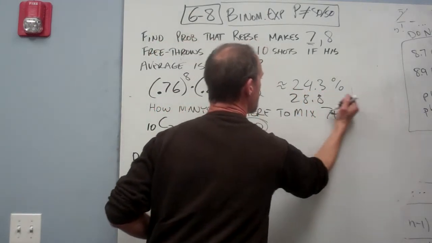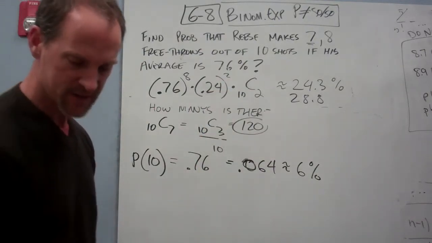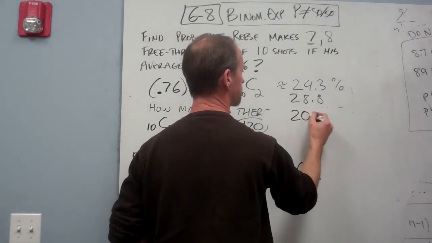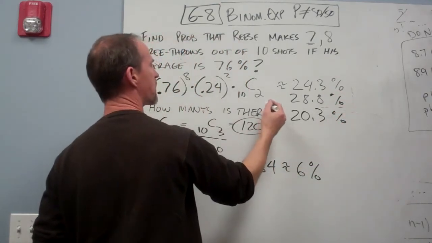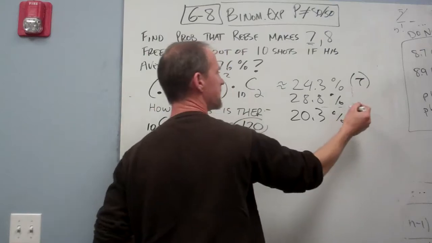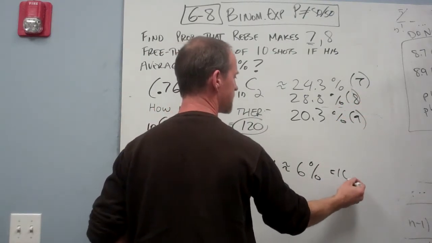If I do it with 9 and 1, I get 20.3%. So this is the probability of 7 free throws going in, this is 8 free throws going in, there's 9, and then this is 10 free throws.